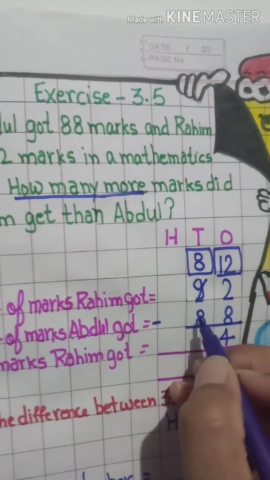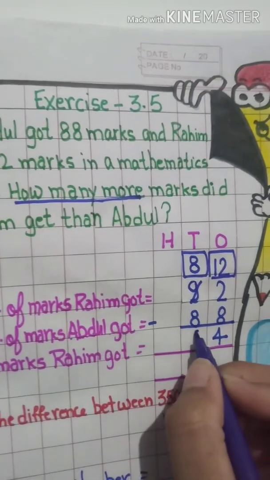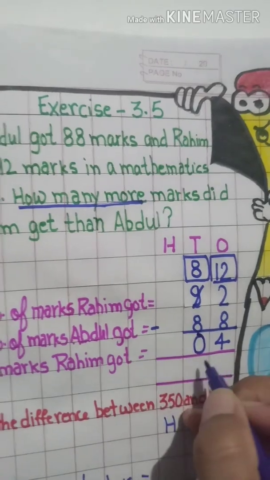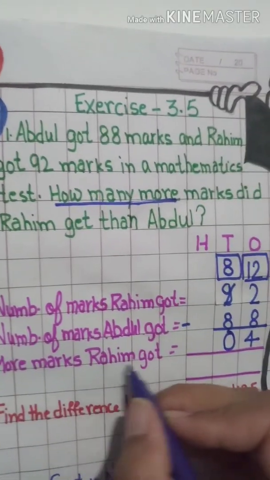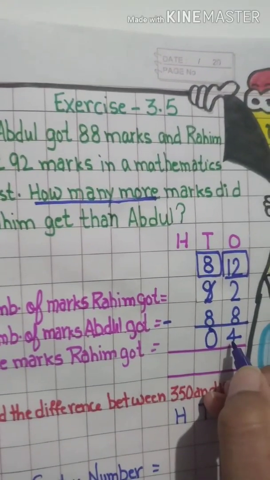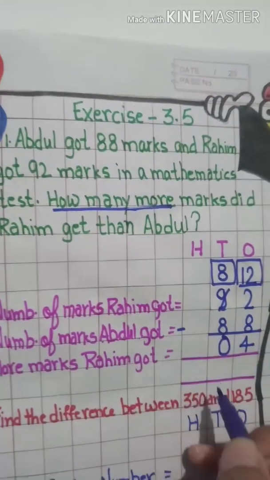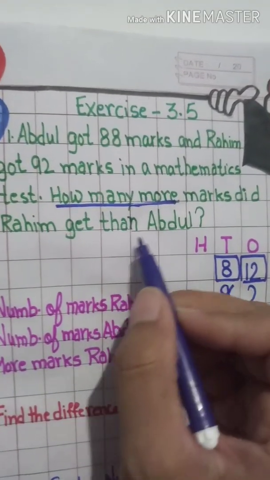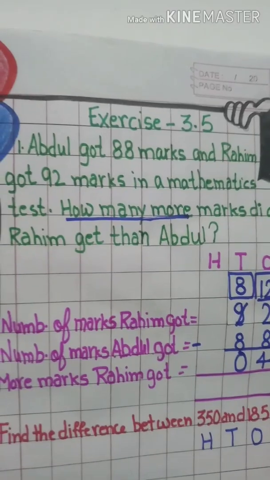So 8 minus 8 will be 0. So the more marks Rahim got is 4. It means Rahim got 4 more marks than Abdul.